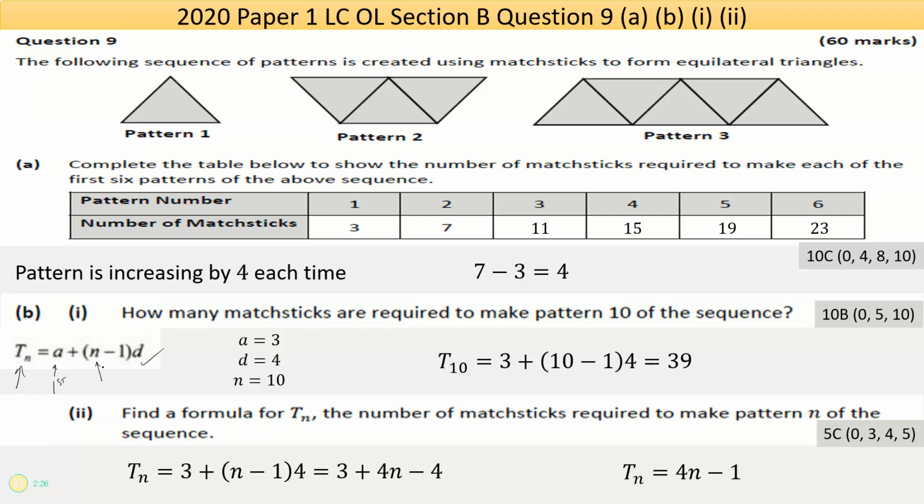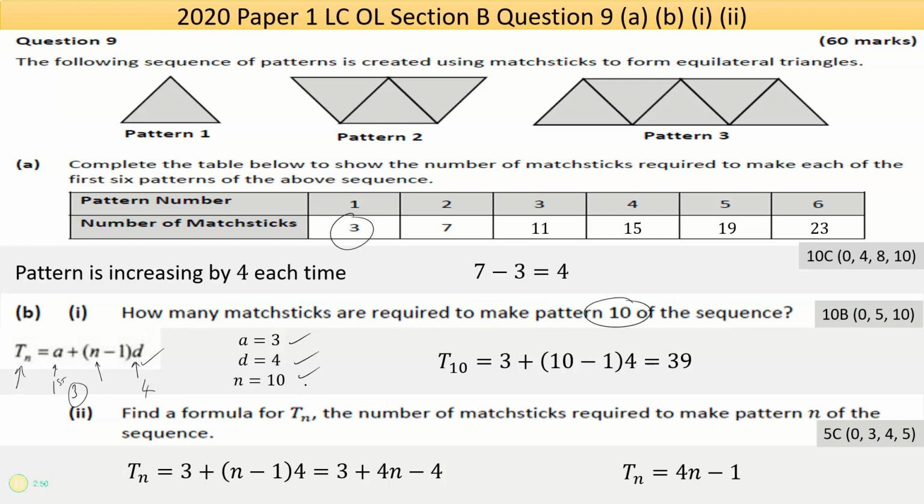That's your number of the pattern, and that's the difference. So we know the difference is 4, and we know the first value was 3. Now if it's the 10th pattern, which we're told in the question, your n is equal to 10. So I have those 3 things called out there.